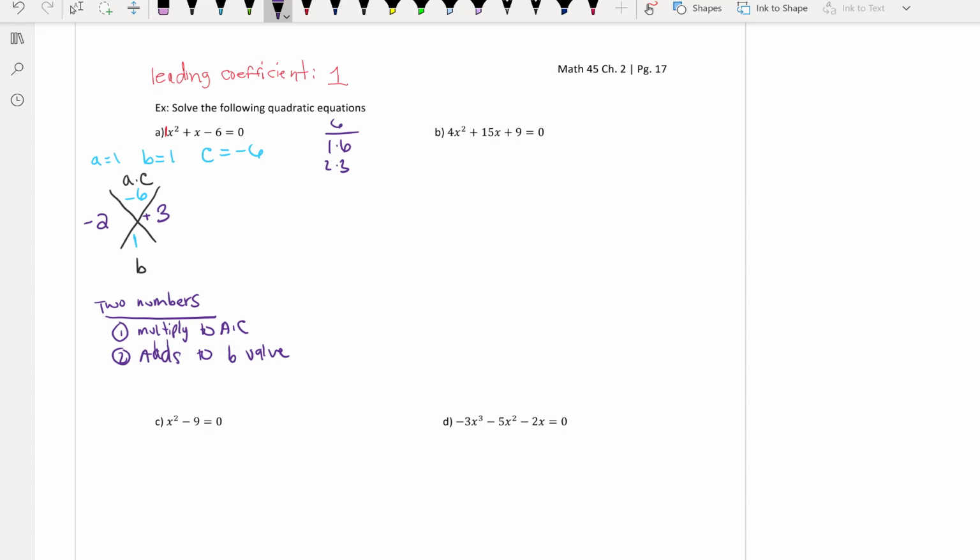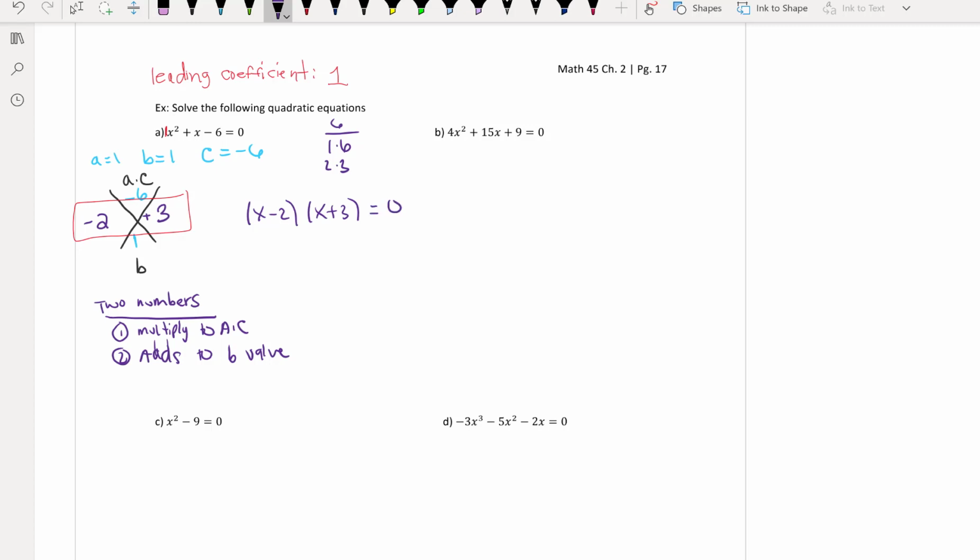And because our leading coefficient is 1, then I can put it right into my double parentheses. So I have that this is going to equal my middle terms here. So those middle terms, I'm going to have x minus 2 and x plus 3 equal to 0.